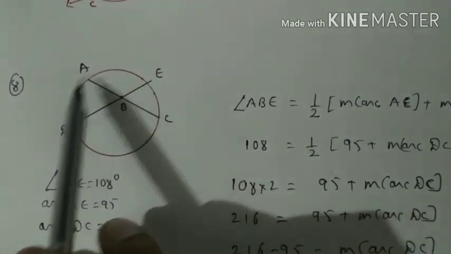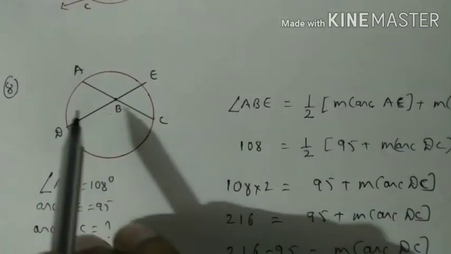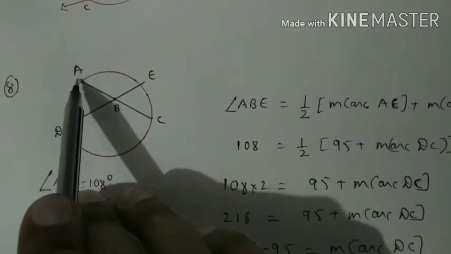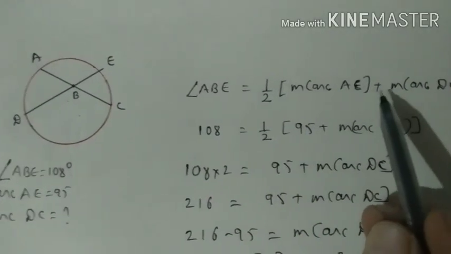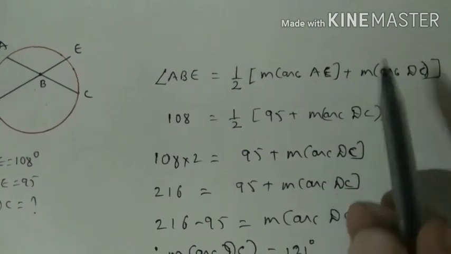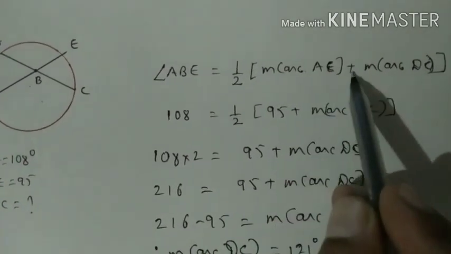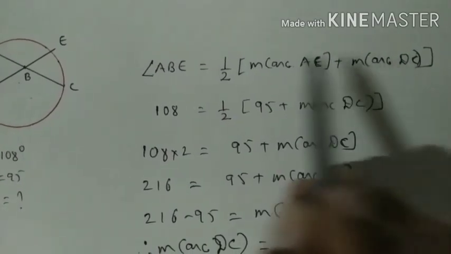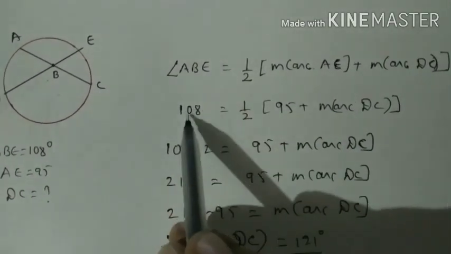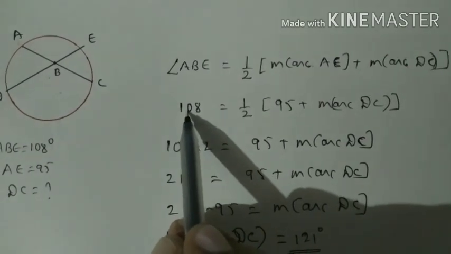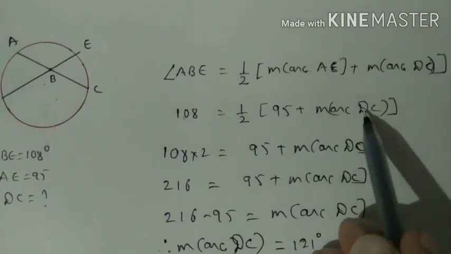Now when these both chords intersect inside the circle, this angle ABE will be exactly half of. Now here you have to add, you have to do the sum. Previously we did subtraction. So half of arc AE plus arc DC. Now see, angle ABE is given 108 degrees is equal to half of AE, which is given 95, plus major arc DC.